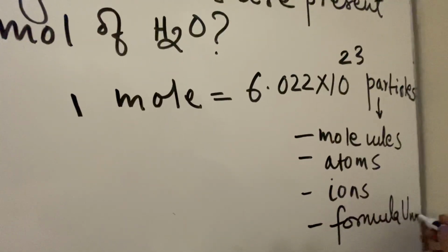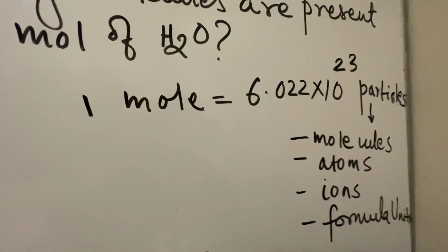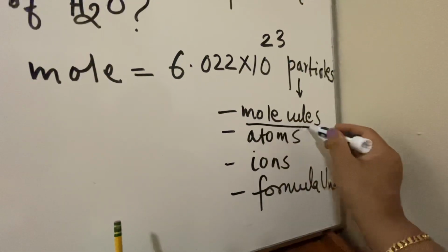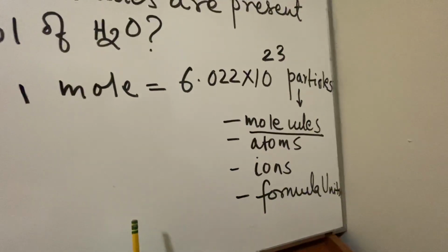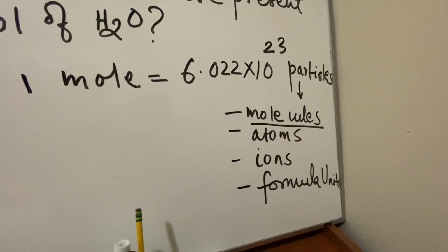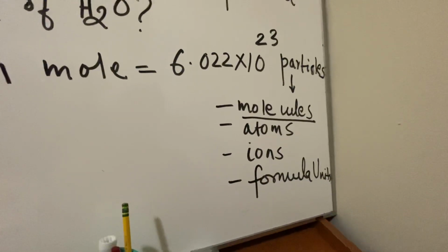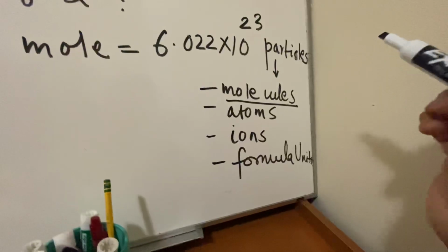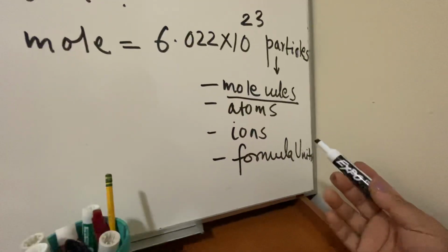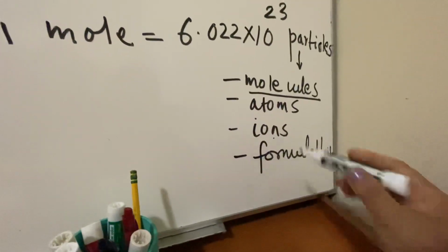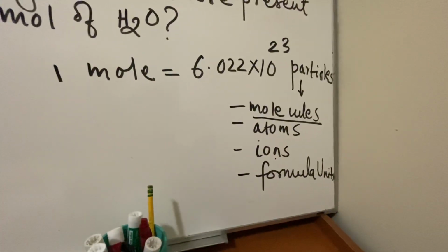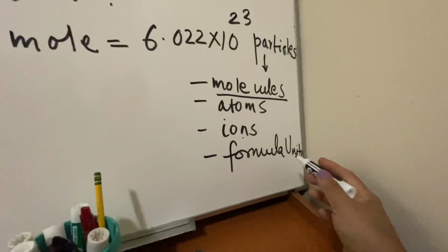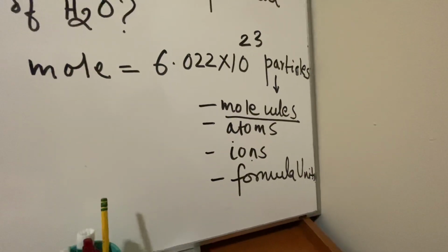Okay, so depending on what you are calculating, like for example, if you are calculating the number of molecules in covalent compounds, your unit is going to be molecules, and atoms, of course, how many atoms, or ions if you have charged species, so you're going to use the unit as ions, and formula units are especially for ionic compounds.